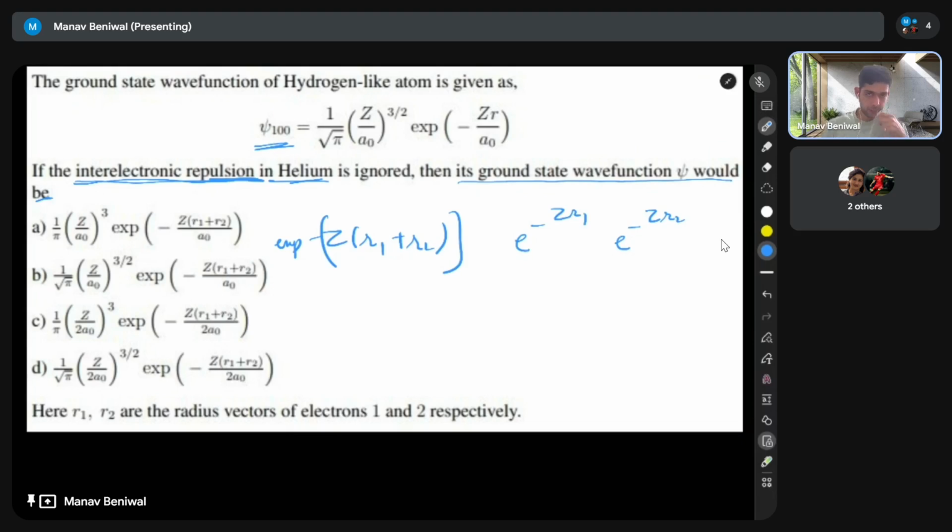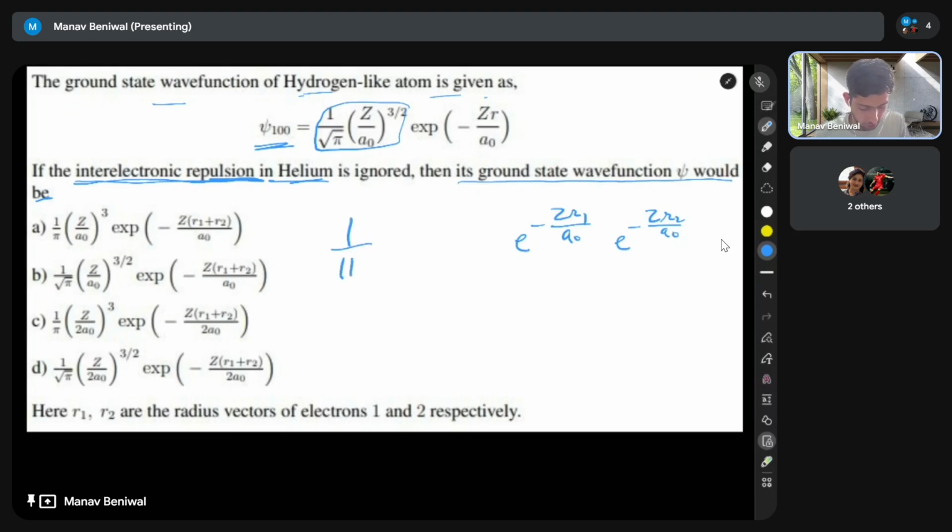And we know that from the given wave function of a hydrogen-like atom, for an electron we should have an a naught here and an a naught here. Then we should also have this prefactor multiplied by both of these things, which will just give us a square of this thing.